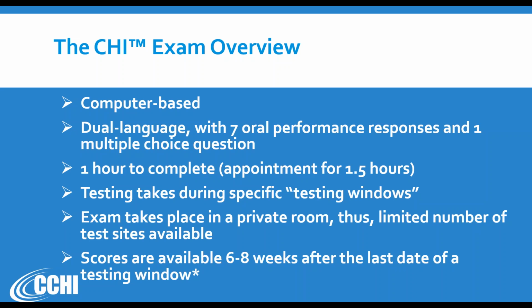There's more information about how the examiners score and how we rate the exams in my other webinar that is about CHI exam that allows you to prepare for it. But today I'm not talking about that.